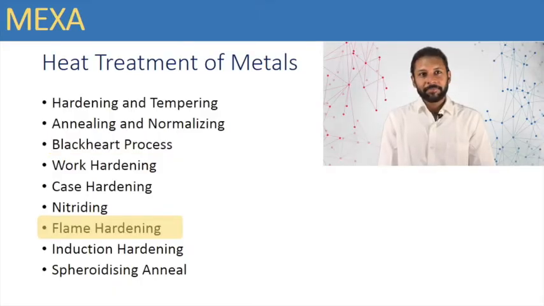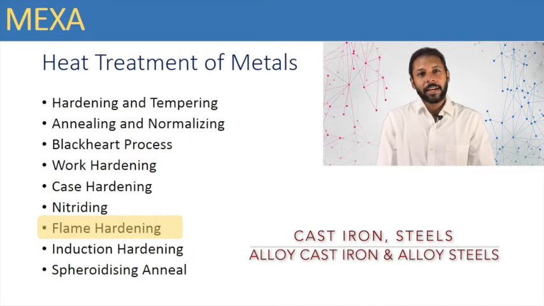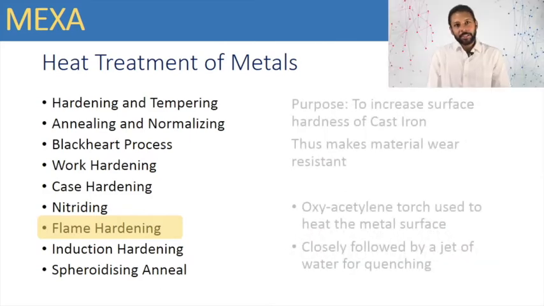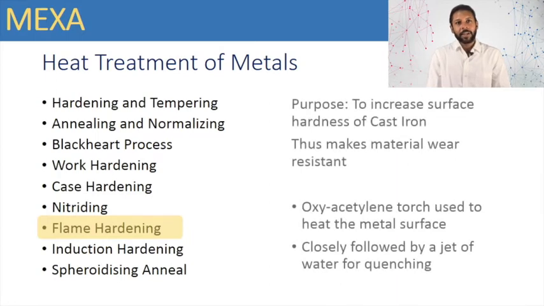Flame hardening. This process is used for increasing the surface hardness of cast iron, steels, alloy cast iron, and alloy steels. With the increase in surface hardness, there is a high improvement in wear resistance also. To flame harden a component, for example gear teeth, an oxyacetylene torch is used to preheat the surfaces of the metal to a temperature between 800 to 850 degrees centigrade.